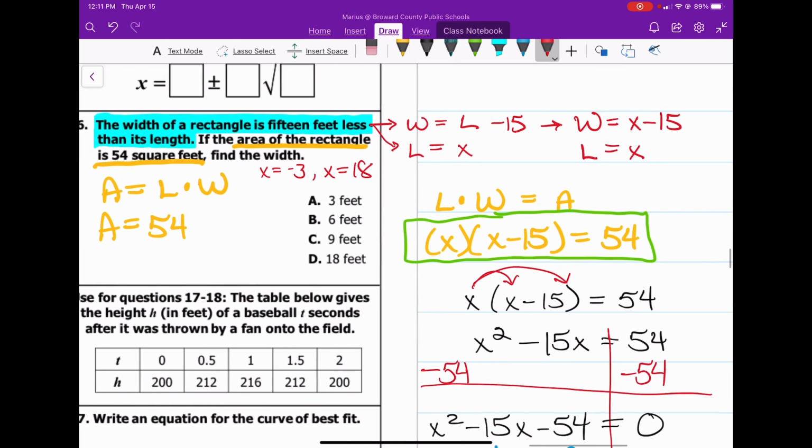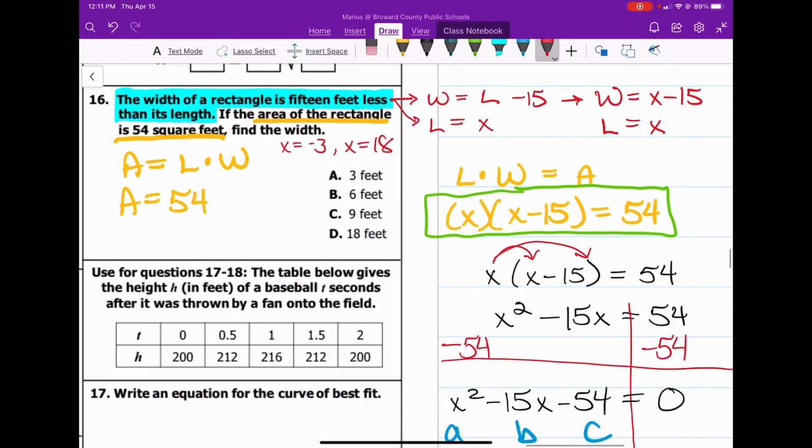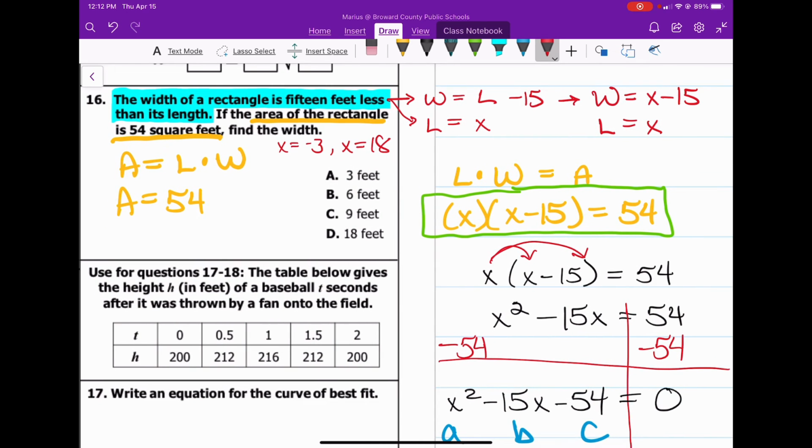When we're looking at our length and width, our question basically asks us to find the width. Remember, these are our equations over here.